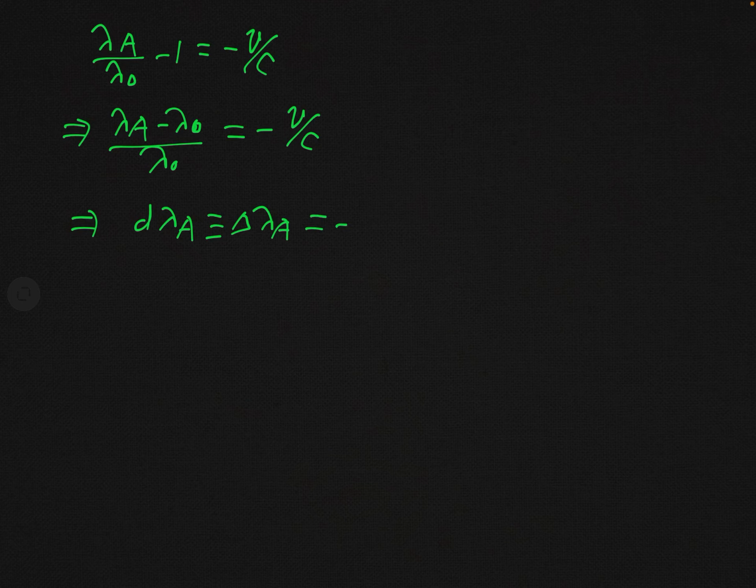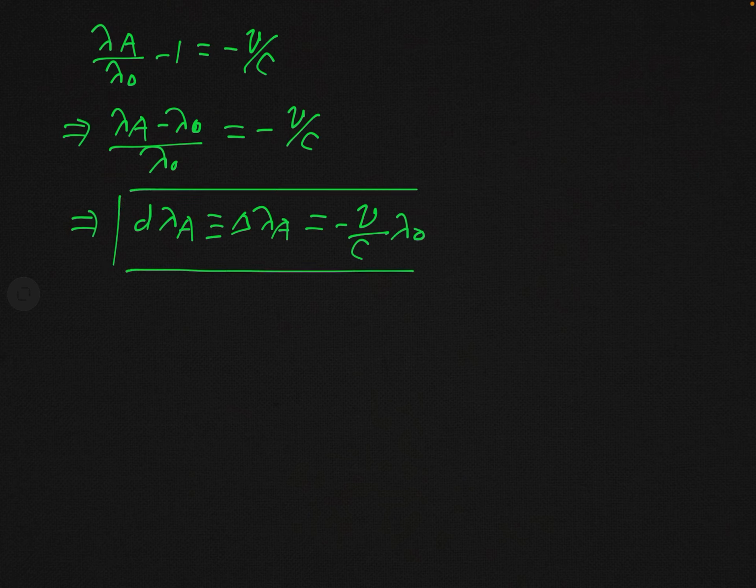So this will be actually equal to what? This will be minus V over C into lambda naught. This is a very important result obtained from the case of approach, and let us say this is equation A3. What does this equation actually tell us?